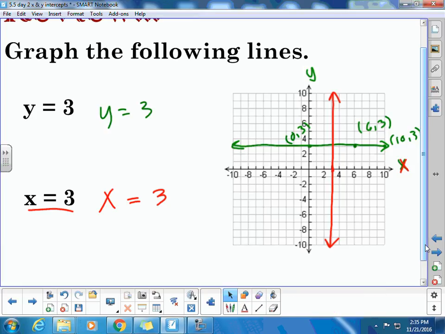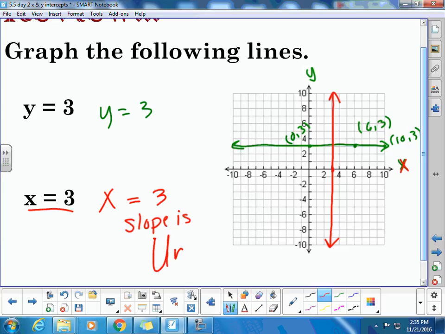Remember, for this one, the slope is undefined. And here, the slope is 0, because there are no x's, so 0 x's in that equation.